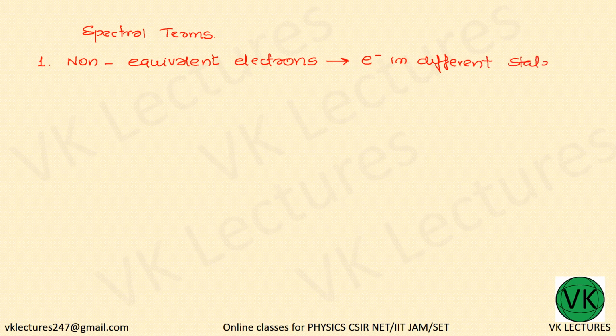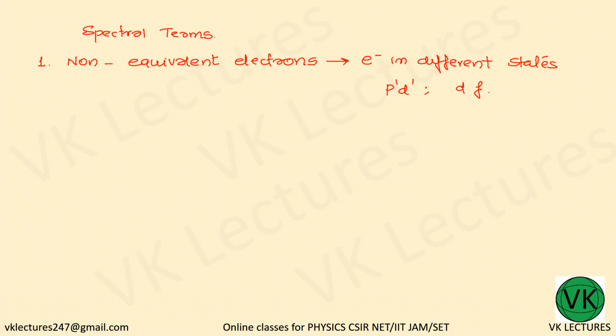So when electrons are in different states, for example P-D, as we have just discussed, or D-F, these are examples of non-equivalent electrons.